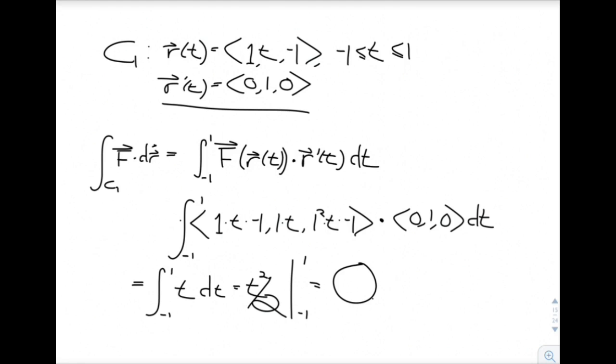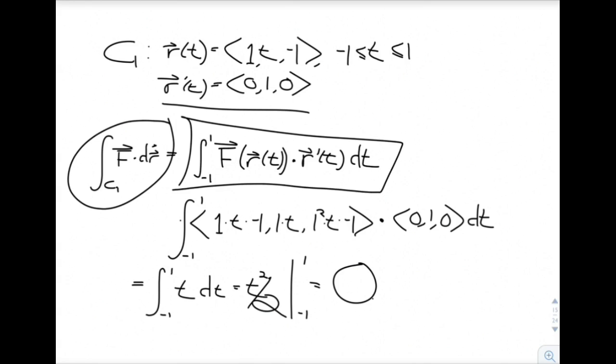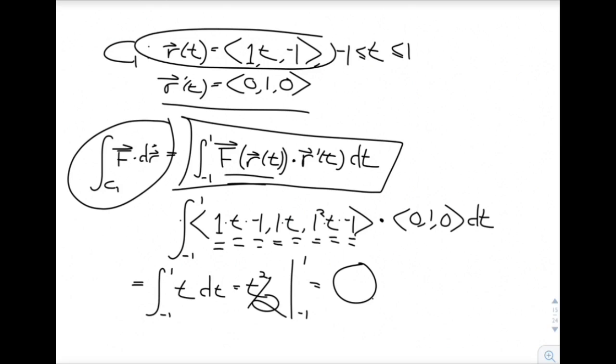Let's look at it. Here's the line integral of F along this first portion of the curve C1. Here's its parameterization from -1 to 1. And so now we fill in these blanks. When we evaluate F at this particular parameterization, remember the vector field F is defined as xyz, xy, and x squared yz.